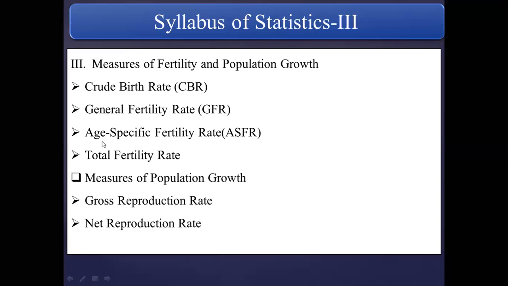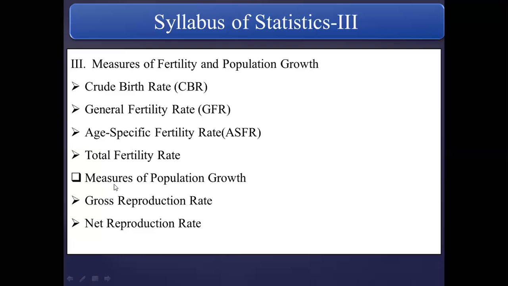The chance of producing a child is more in the age group between 20 to 30 compared to the age group between 40 to 50 or 50 to 60. So again, it is very important to know the fertility rate age group wise. Then we'll see the total fertility rate.